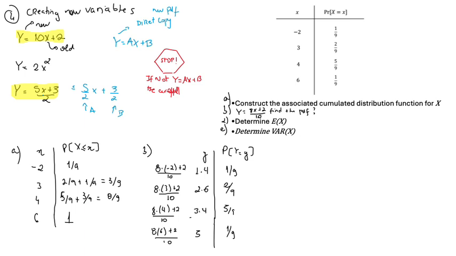When the relationship is ax plus b, as in this one, the second column is a direct copy of the old probabilities. So the new PDF's probabilities are a direct copy of the old PDF's.